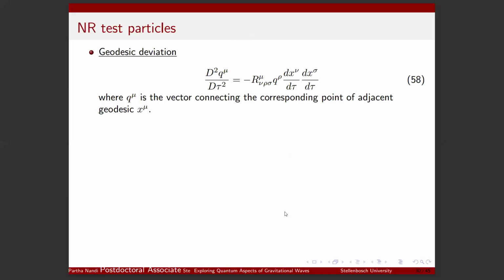Now let us come back again to the geodesic deviation, because we want to see the observational effect of gravitational waves on the matter of some test particles. If we consider again the geodesic deviation equation, since it involves the Riemann curvature tensor, the geodesic deviation defines the relative motion of 2 particles moving along their trajectories.